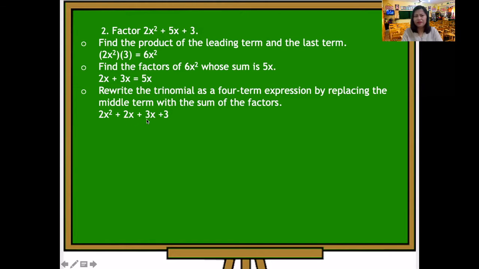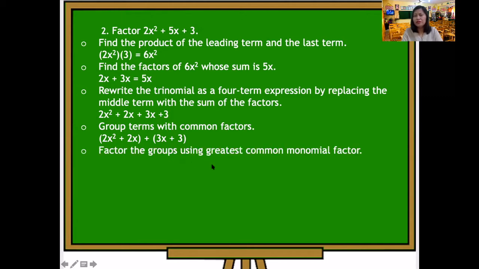So we have here 2x plus 3x, then copy 3. After that, we group them. We group terms with common factors. We group the first and second term as 1, the third term and the last term as 1.